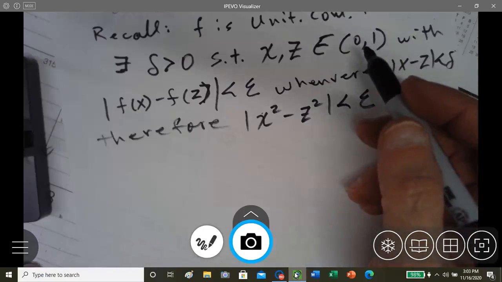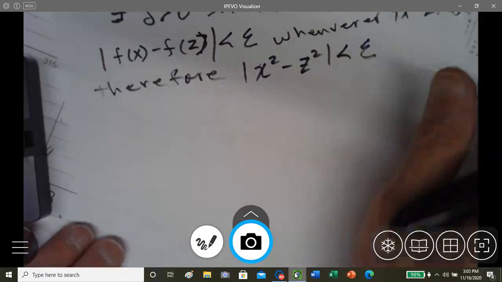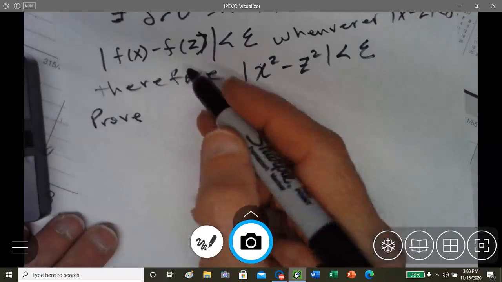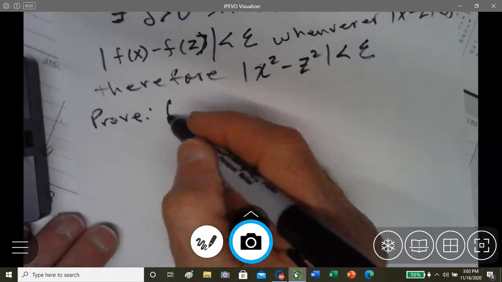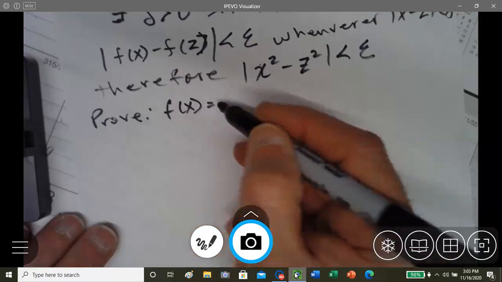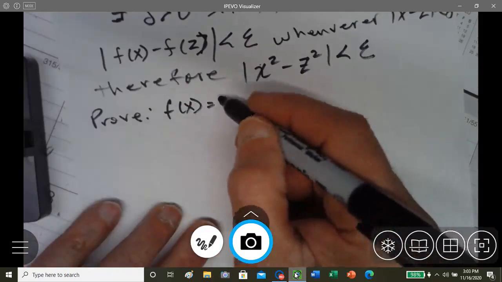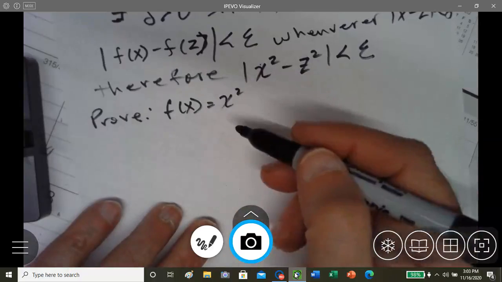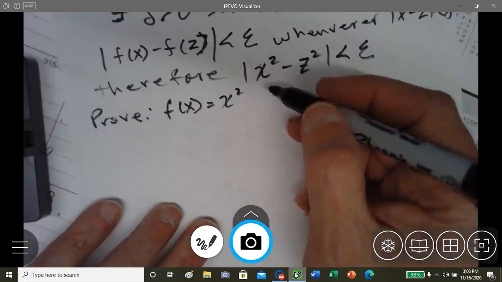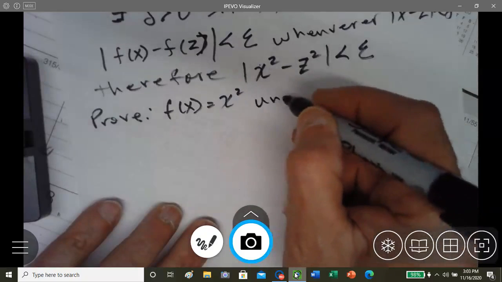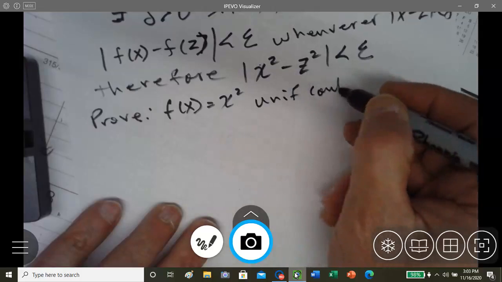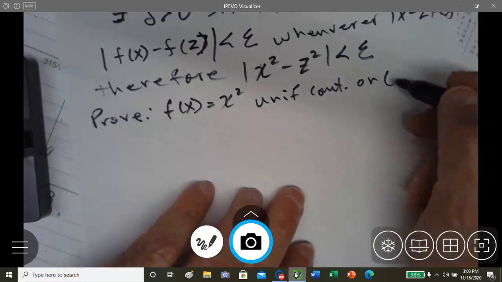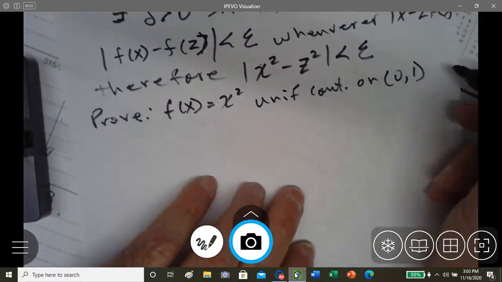Okay, so we want to prove that f of x equals x squared is uniformly continuous on the interval from 0 to 1.